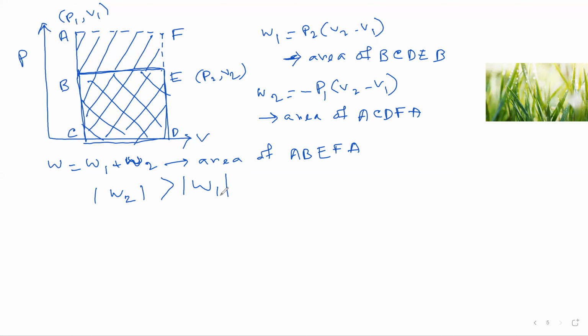Okay, now we will compare the work done between reversible and irreversible process. I have already derived the mathematical expression for the work done in reversible process, and now I have derived the work done in irreversible process. So we'll compare these two works.